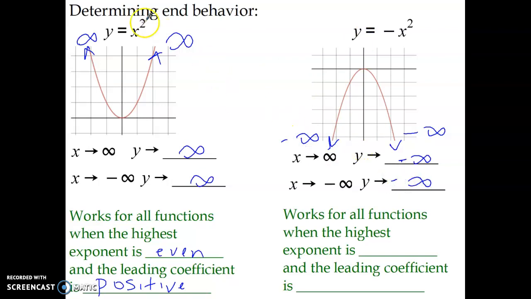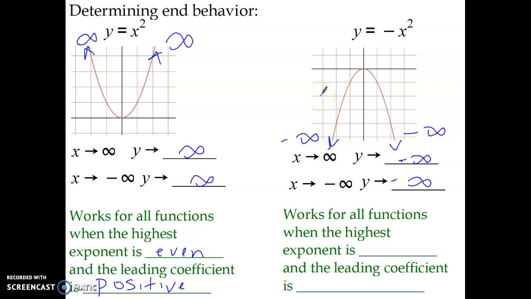So again, just like this one works for all even exponents with a positive leading coefficient, for every function where the highest degree is even and my leading coefficient is negative, it's going to be just like the ends of this parabola. Again, in the middle, all kinds of things could be different, but on the ends, it's going to be the same.